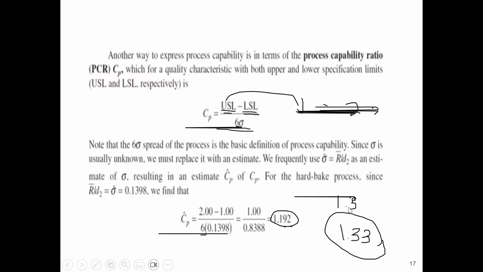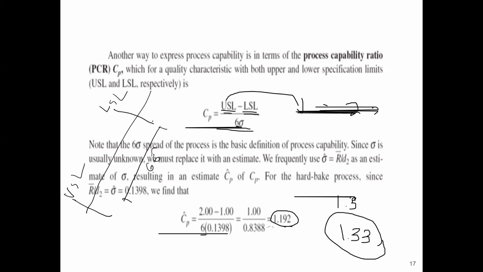Okay, what does this mean? This means that the spread of my process, let's say this is the upper specification limit, the lower specification limit, and this is the 6 sigma, which is this. My process is good, but if you are asked whether this process is capable, you say no. Why no?